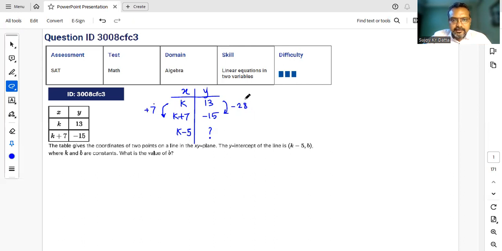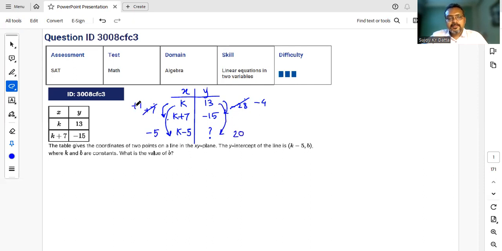So a 7 leads to a change of 28 on this side. So that means a change of 1 would ensure a change of minus 4 on this side. So from k to k minus 5, that means a change of 5, 4 times, right? So this side, the change would be 20.